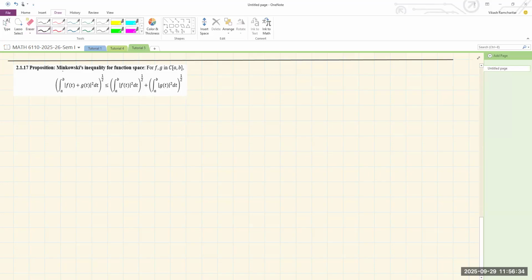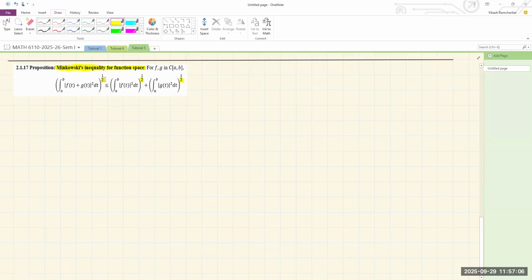We could use it to prove this next inequality, which is the Minkowski inequality for function spaces. This is actually a special case of the Minkowski inequality for L^p spaces, where the 2 over here is replaced with p, where p is between 1 and infinity, and this will still work.